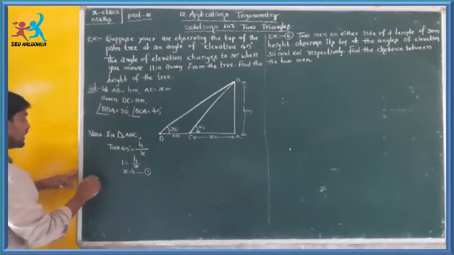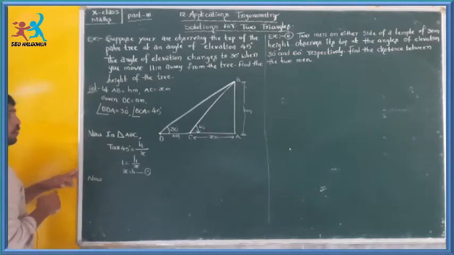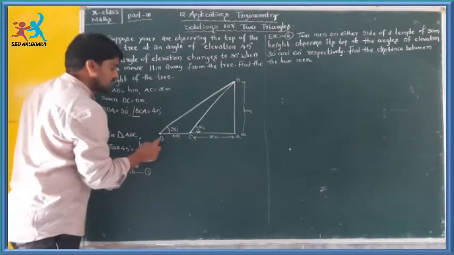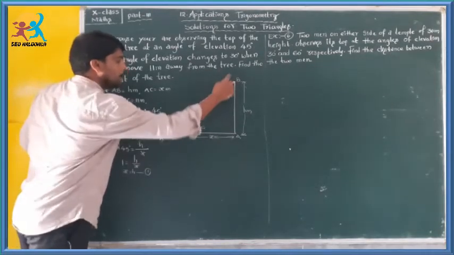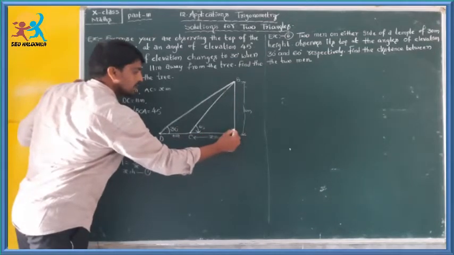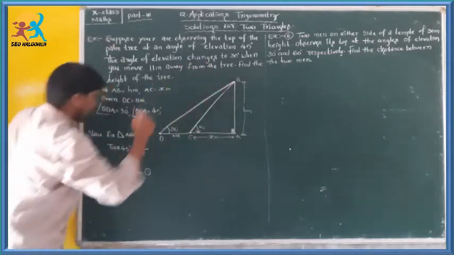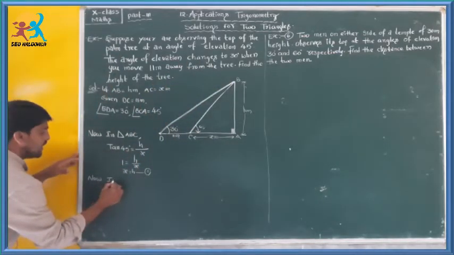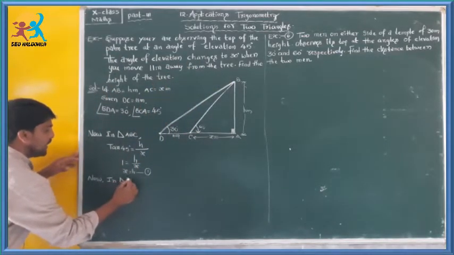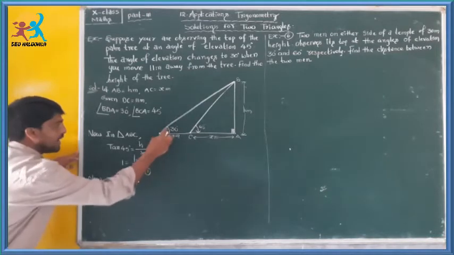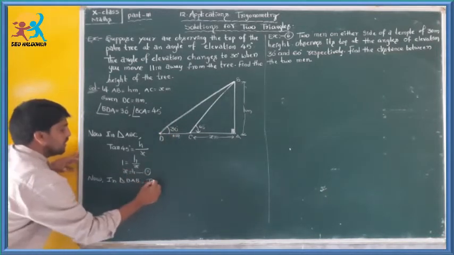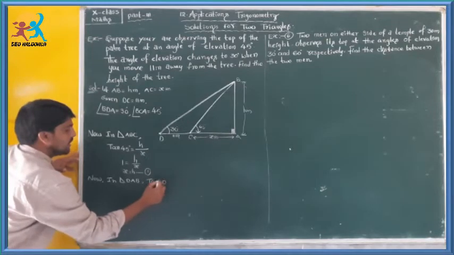And we have another right angle triangle. What is that? DAB, right angle at vertex A. In right angle triangle DAB, the angle of elevation is 30 degrees. Let us take tan 30 degrees.